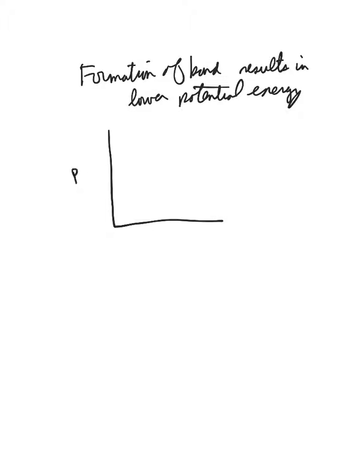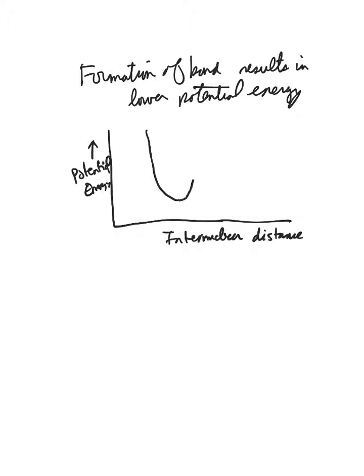We could have potential energy along our y-axis and our internuclear distance along our x-axis. If the nuclei are too close together, we've got the repulsive forces of the nuclei. If they're too far apart, there's not going to be a bond that's formed. And so there's this optimum distance overlap.